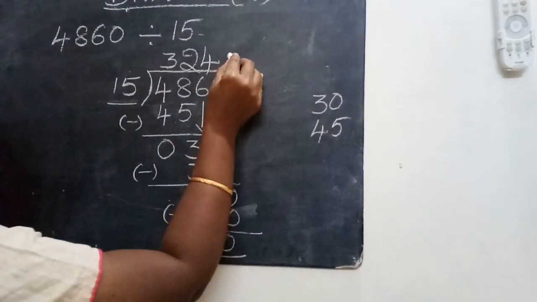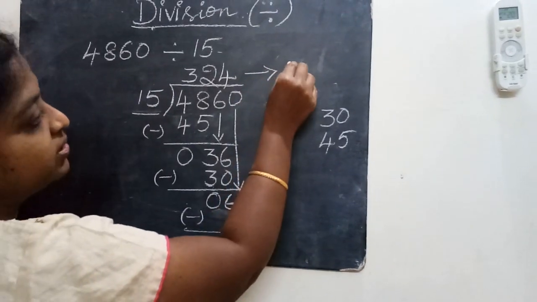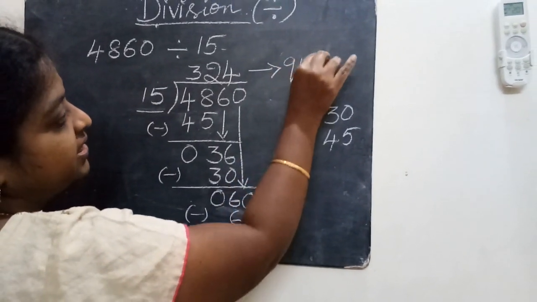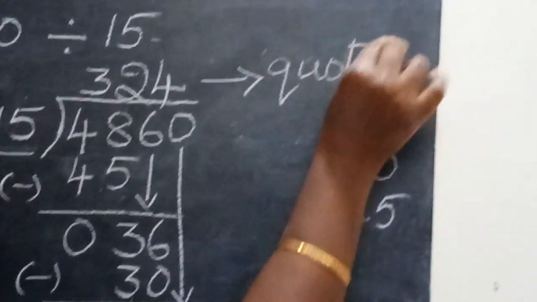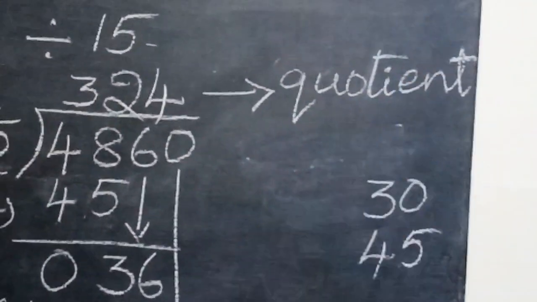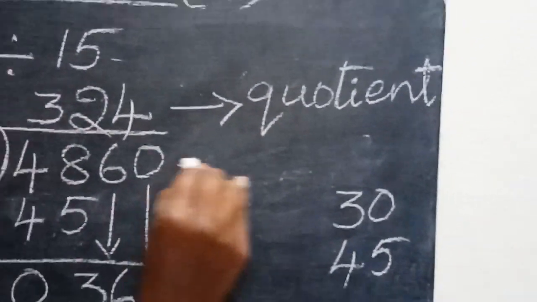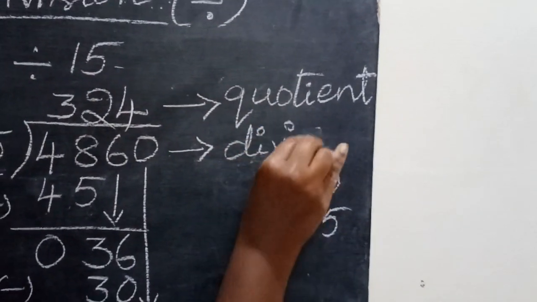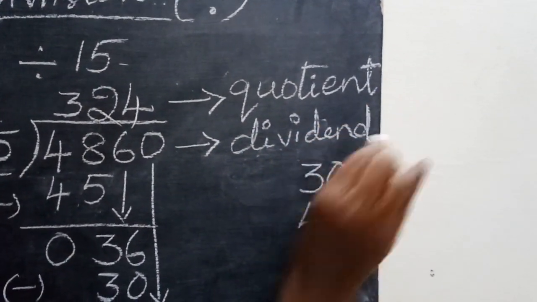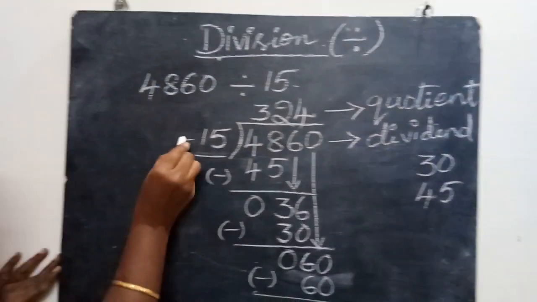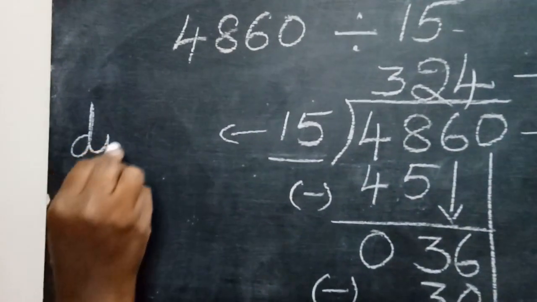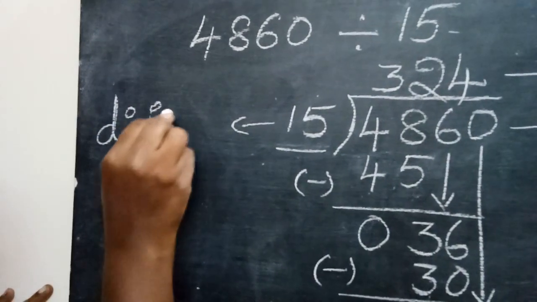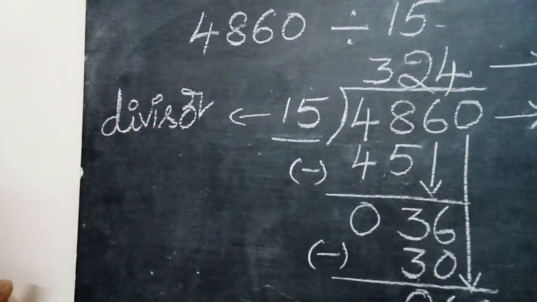Now, what answer did we get? Here the answer is 324. This is called the quotient. Quotient, children. And this one is, as we know, the dividend. And this is called the divisor.